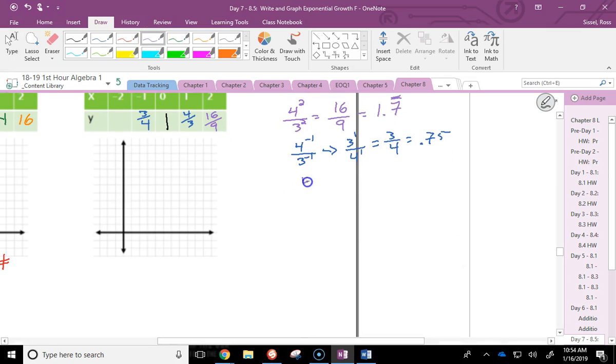To the negative 2, so 4 to the negative 2, 3 to the negative 2, means to flip these first. 3 squared, 4 squared is 9/16. And 9 divided by 16 is 0.5625. Even though we're still as a fraction. And then we graph it.